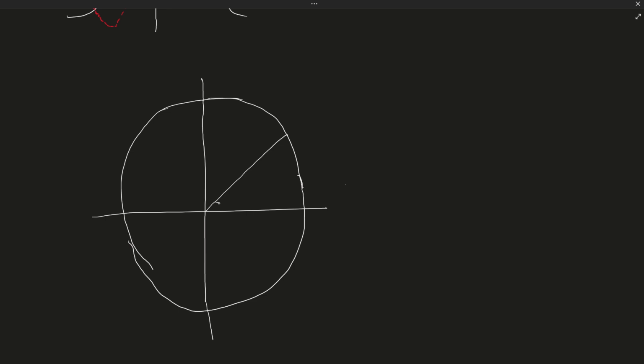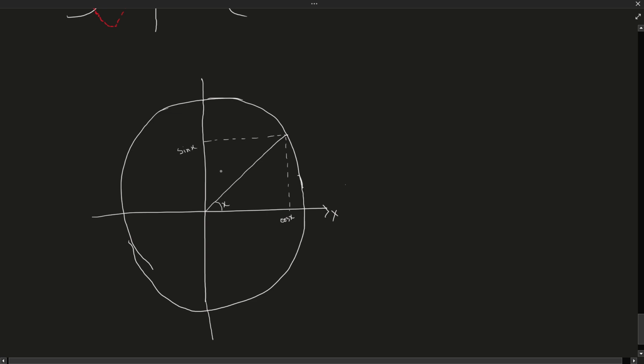Here x is the angle between the horizontal axis and the line. So cos x will be the projection on the x-axis, and this is our sin x, which is the projection on the y-axis. So it's sin x.